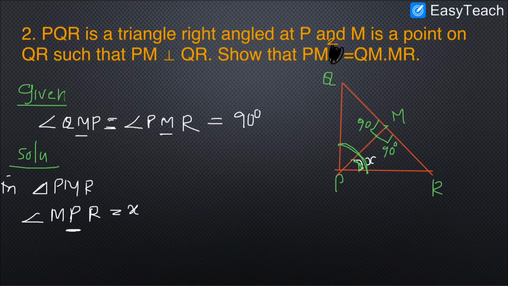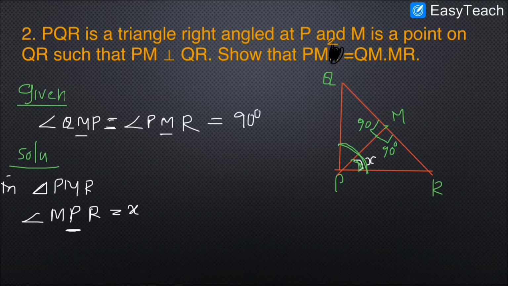Angle criterion, right? Let me write all the corresponding angles here. In triangle QMP and triangle PMR, what we found out? Angle MPQ equal angle MRP, which is 90 minus x.